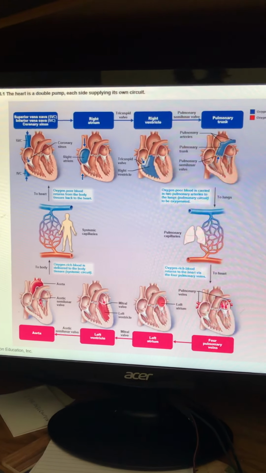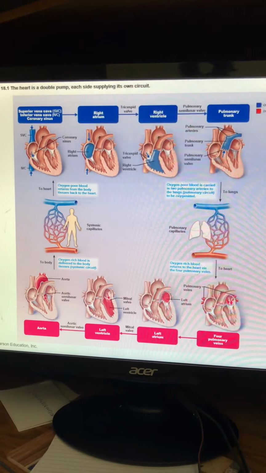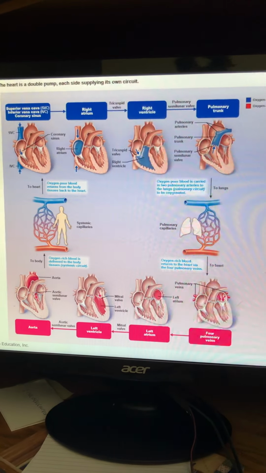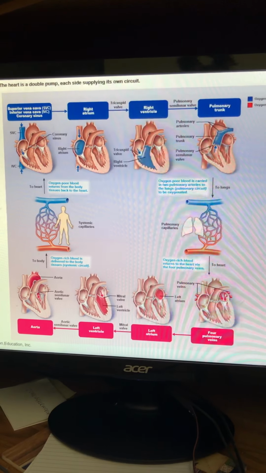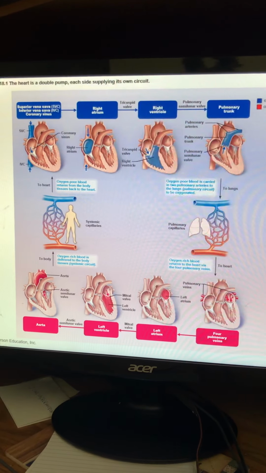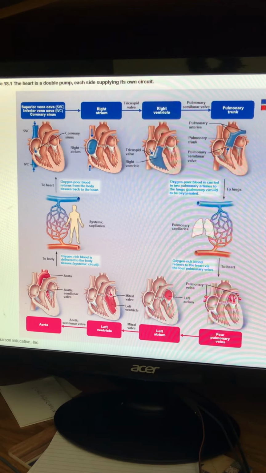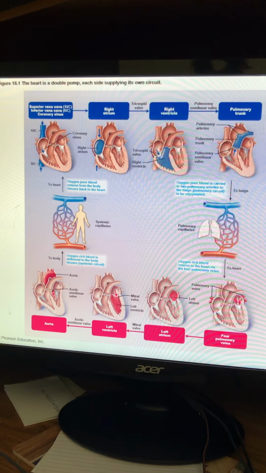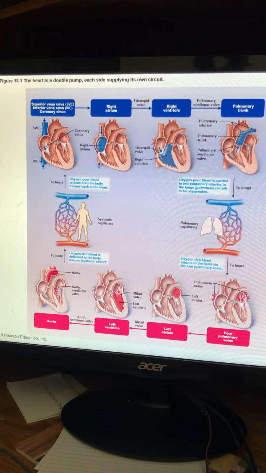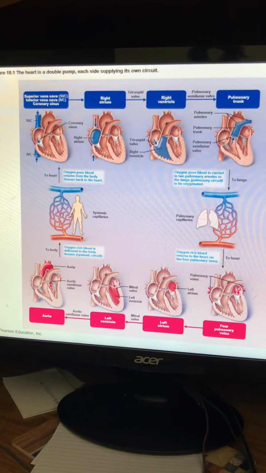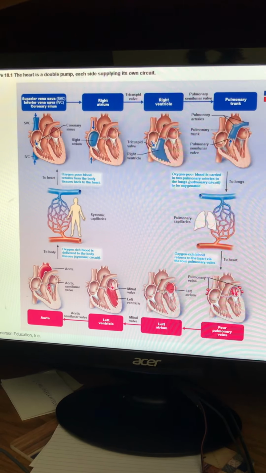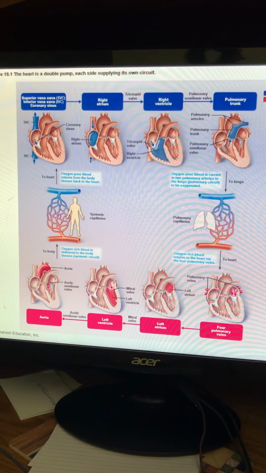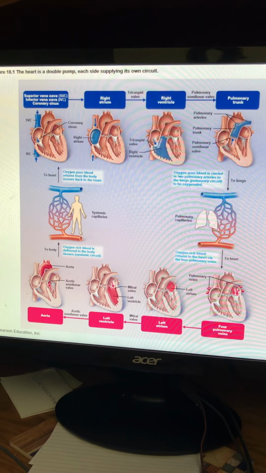So Ben has to get into the right atrium, he has to go through the tricuspid valve, he has to go into the right ventricle, he has to make it through the pulmonary valve, into the pulmonary trunk, into the pulmonary arteries, into a lung on either side, pick up oxygen, and then come back to the left side of the heart through the pulmonary veins, into the left atrium, through the bicuspid valve, and then into the left ventricle, and then from the left ventricle, it is going to be going through the aortic valve into the ascending aorta, and then throughout the whole body.